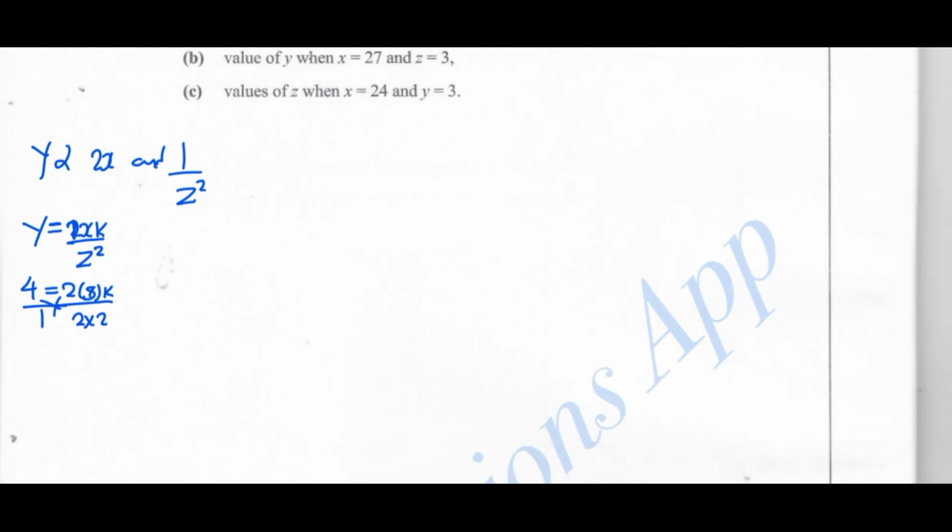So this will be 2 times 8 times k, and here we have 4 times 2 times 2. No need of multiplying these numbers; we can divide by 2, also divide by 2. So we have 8k is equal to 4 times 2, which gives us 8. So we divide by 8, we divide by 8. So what's our k? k is equal to 1.